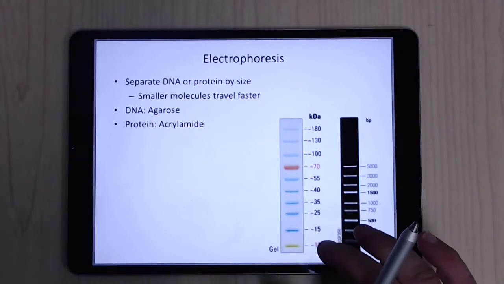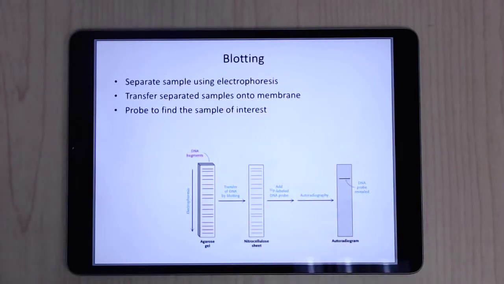Now once you have them separated, that provides quite a bit of a clue as to what it is. But if you want a probe to figure out where is my particular gene or my particular protein, you can actually do what's called blotting.